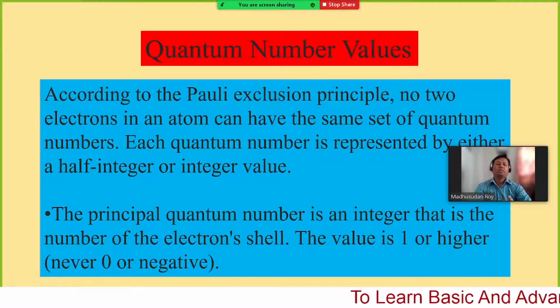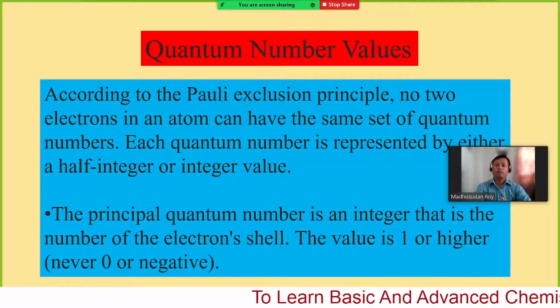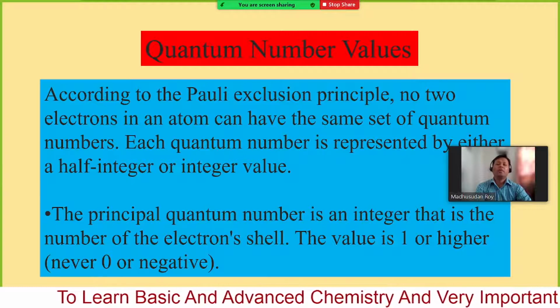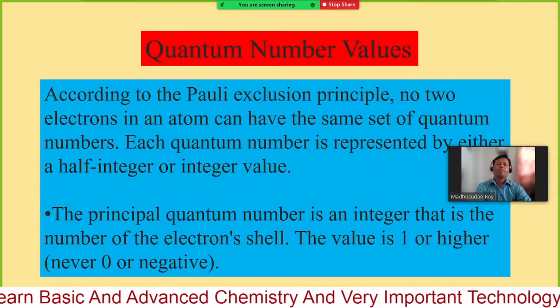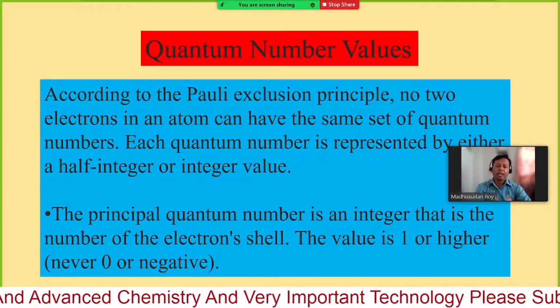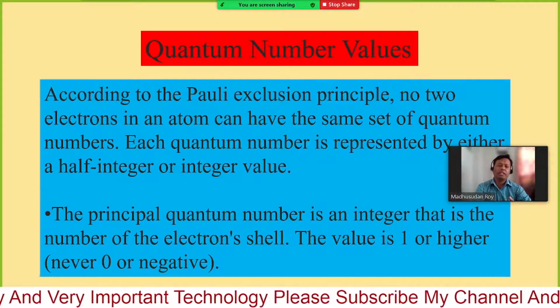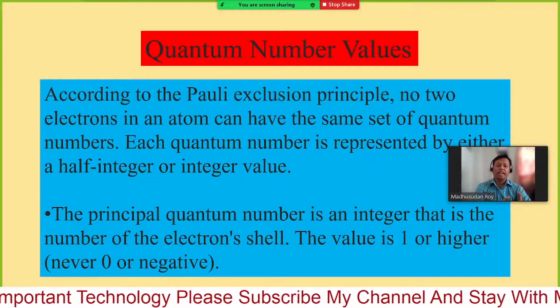Let us consider magnesium. Magnesium has 12 electrons, so its configuration is 1s2, 2s2, 2p6, and 3s2.